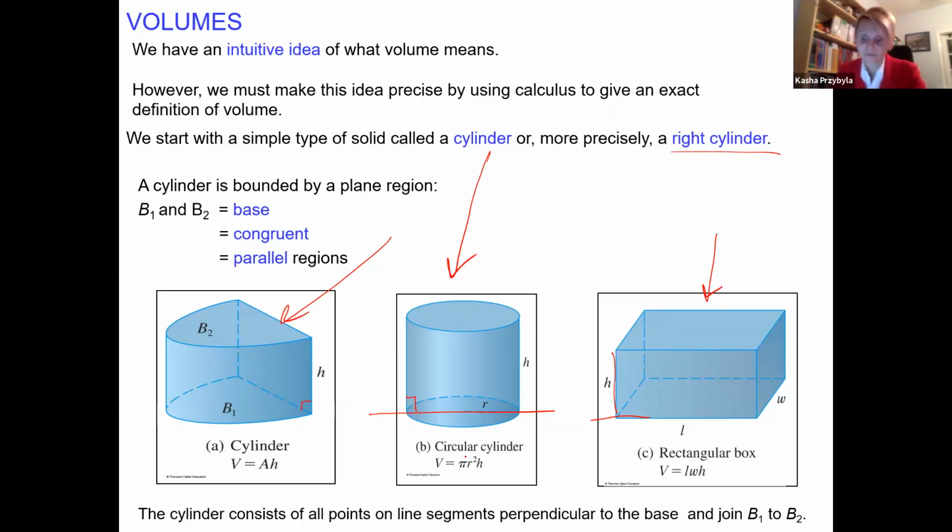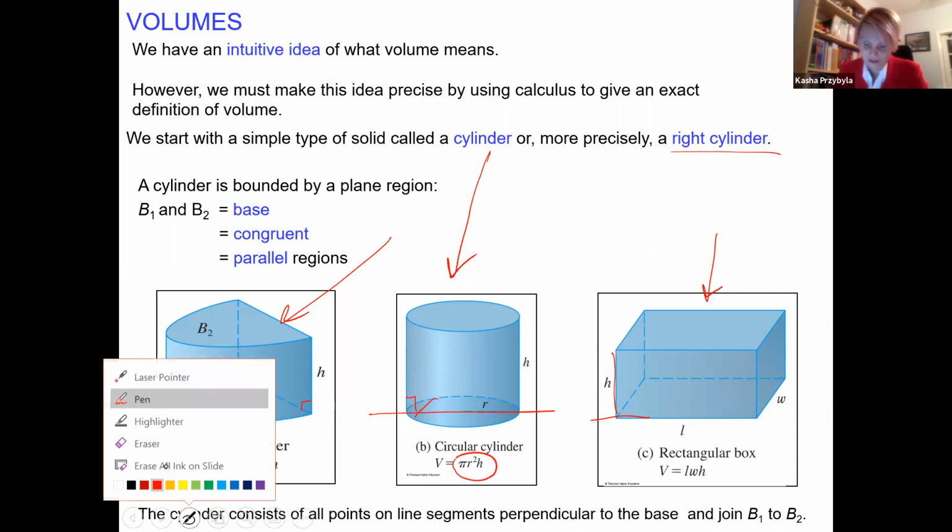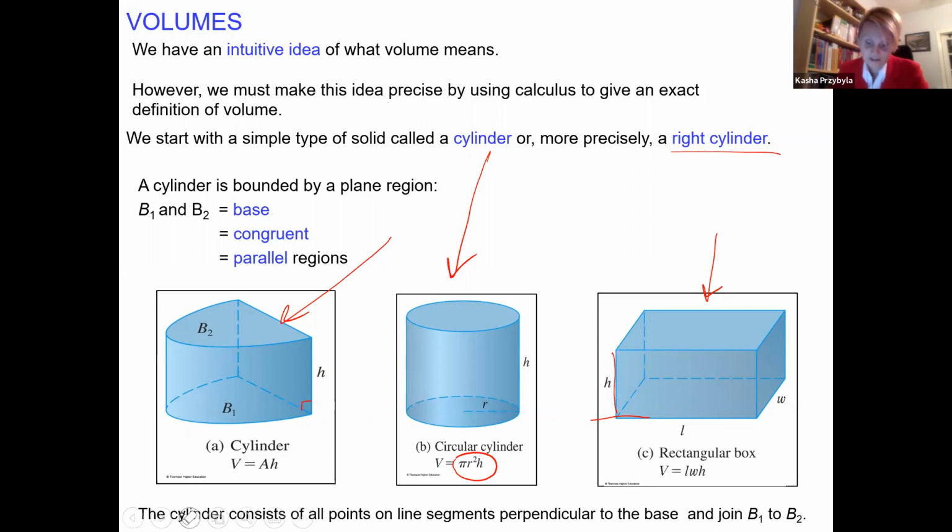For example, pi r squared times h, because the base is just a circle. For a box, the area of the base is length times width, times the height.